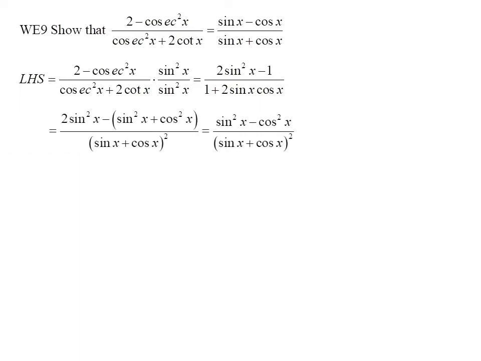At this point, we can substitute 1 by sine squared x plus cosine squared x on both numerator and denominator. Then the expression is further simplified to sine x minus cosine x all over the sum of sine x and cosine x, which exactly matches the right side.